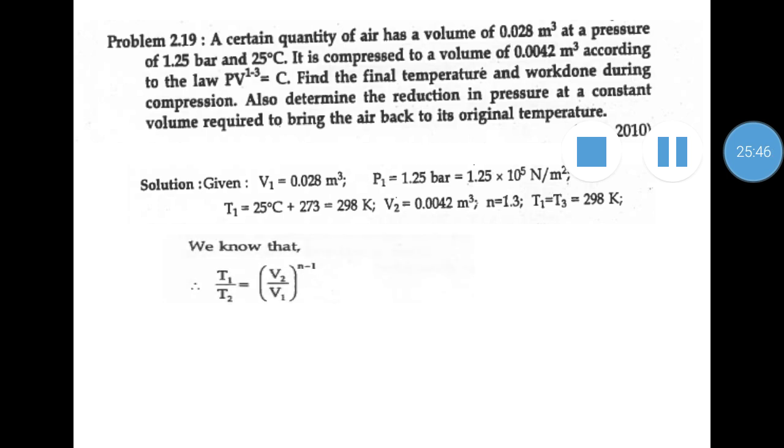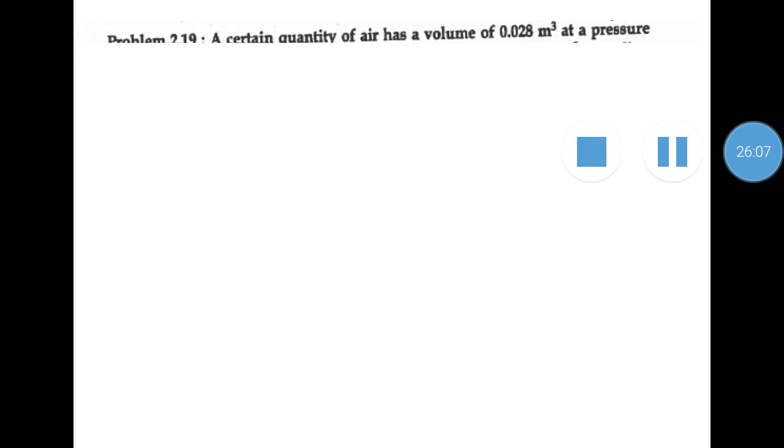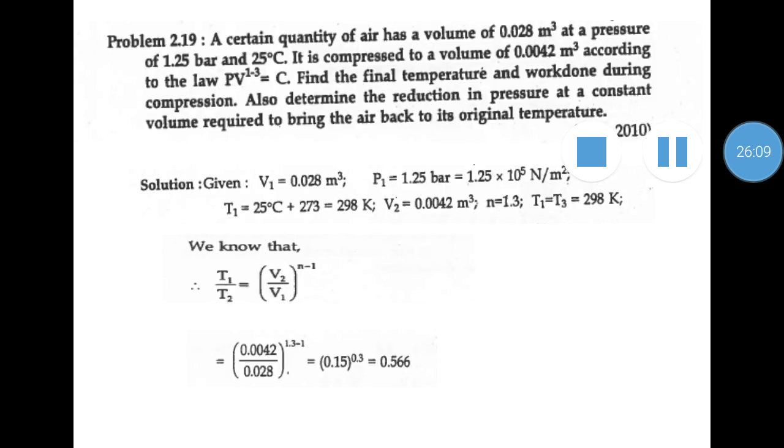So we know the pressure, temperature, volume relations. Using the temperature and volume relation, T1 by T2 is equal to V2 by V1 raised to n minus 1. In this we don't know the value of T2, so we can solve for T2.